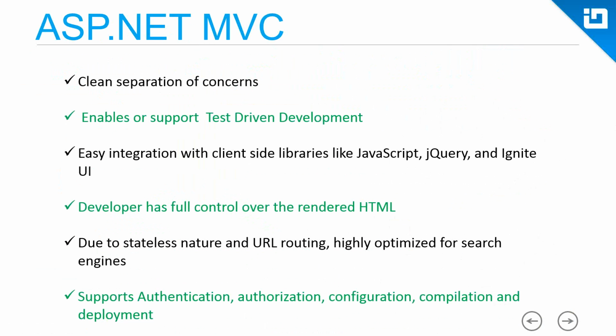ASP.NET MVC 5 supports ASP.NET Identity 2, which helps you to create role-based authentication and authorization, which we may not be able to cover today, but probably we will do a complete webinar on that sometime later. So these are some features that make ASP.NET MVC apart from ASP.NET.